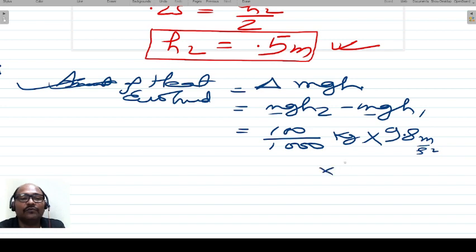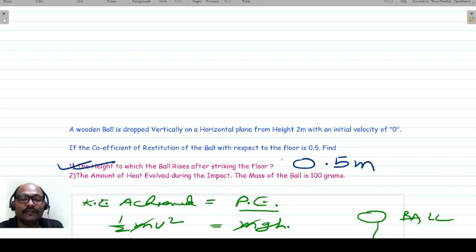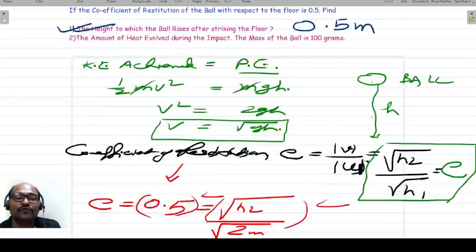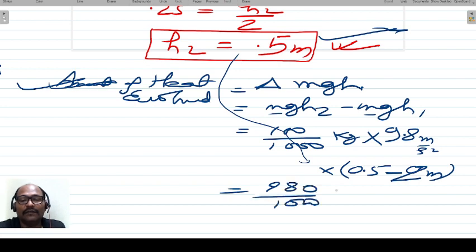You know what h2 is? We take the value of h2, that is 0.5 meter, minus the initial height h1, which is 2 meter. So the result will be 980 divided by 1000 times 1.5, and it will have a negative sign.